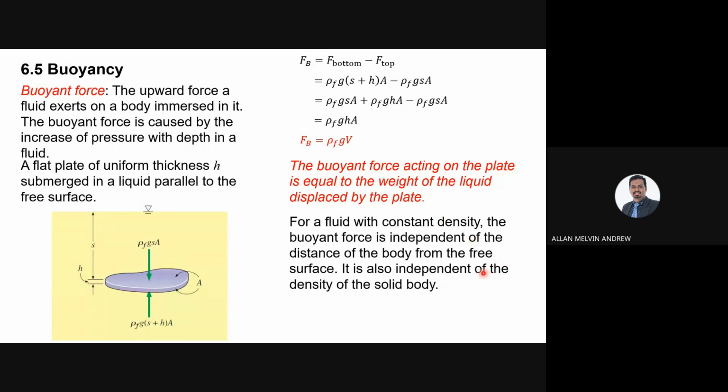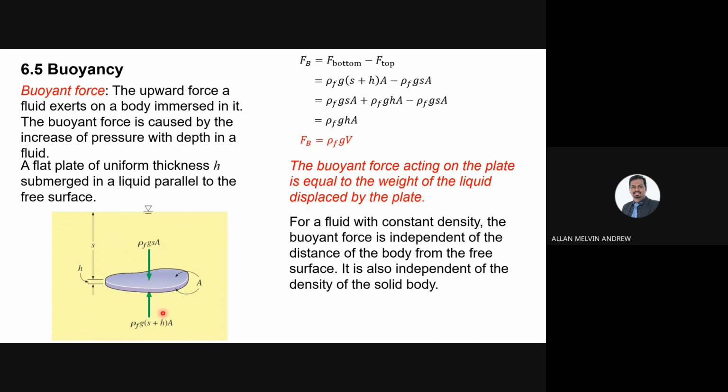It is also independent of the density of the solid body. So this actually depends on the density of the body. If it's a solid body, it will go inside. If the body is not a solid body, it will tend to go up because of the buoyant force.